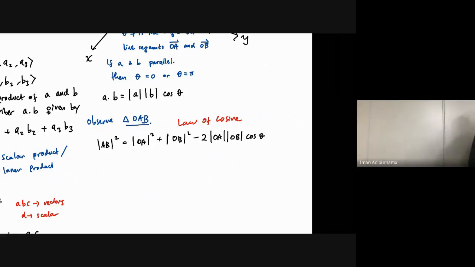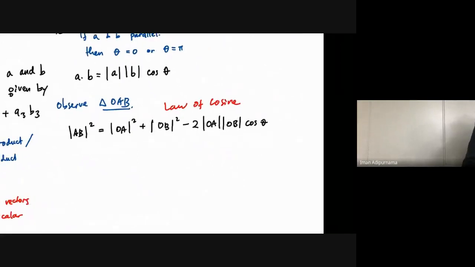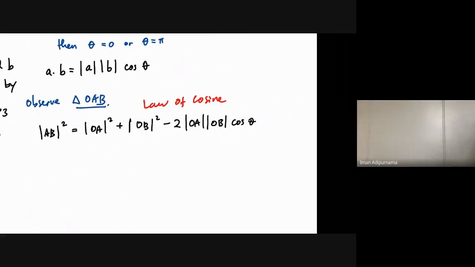So if you look at the triangle and we apply it, looking at AB squared, we can expand using the formula for law of cosine. Okay, and now because we also relate all of this with vectors, we change AB, OA, OB to our vectors.